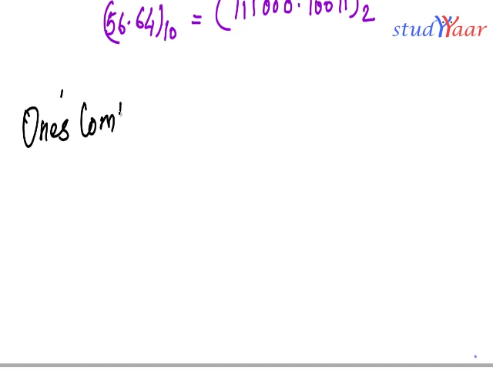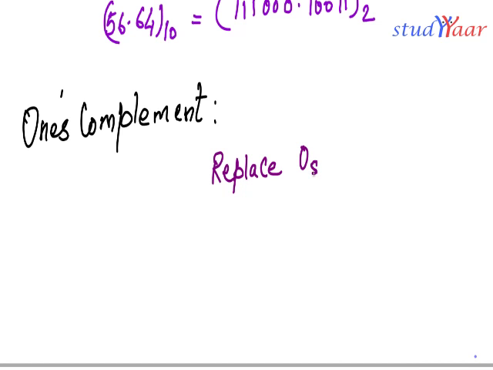Now let's look at the concept of ones complement. What is a ones complement of a binary number? It is simply the number in which we replace zeros by ones and ones by zeros.